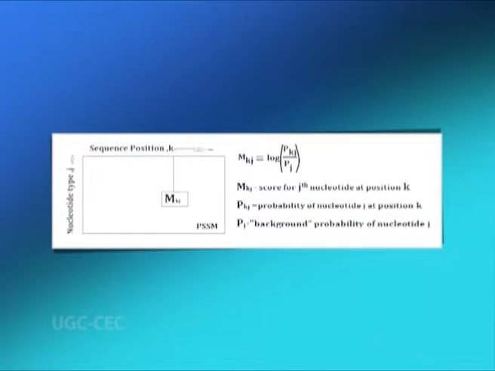The score for the jth nucleotide at position k, mkj, can be calculated as log of pkj by pj, where pkj is the probability of nucleotide j at position k and pj is the background probability of nucleotide j.